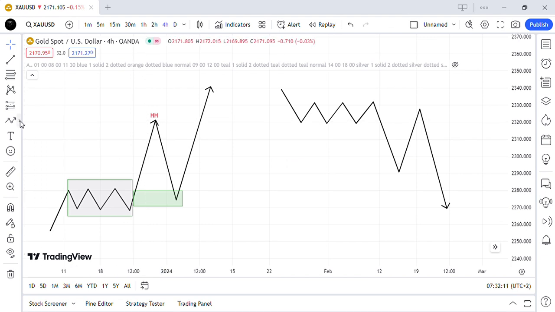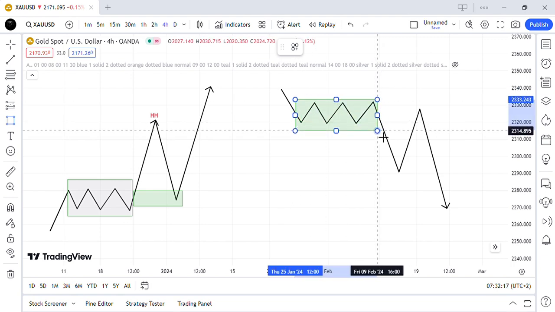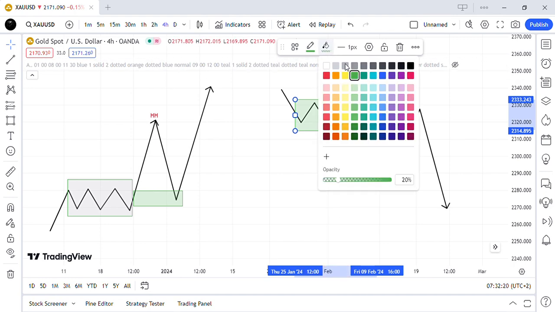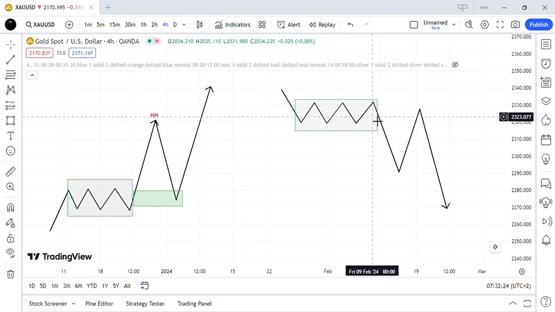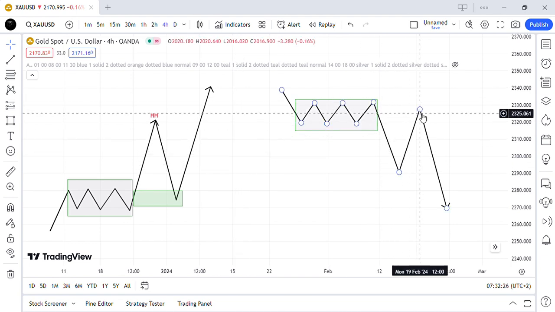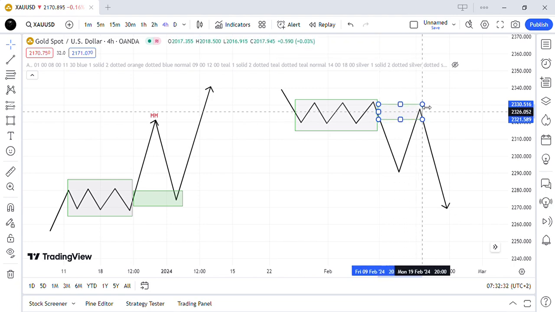Same thing, price market structure, price cycle: first consolidation, then break of structure, leaving imbalance, a retracement. The market must retrace and fill all the imbalances that are left there.